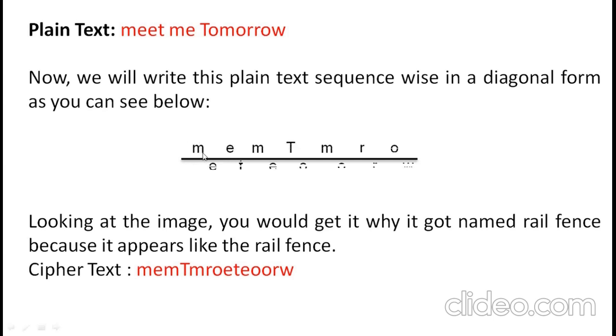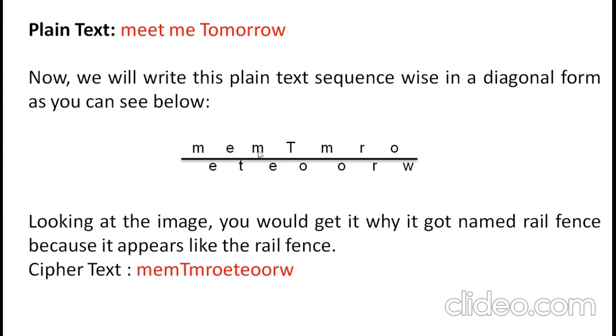Now you can see what happened. M, then next E, E, T. Meet is divided into two rows. Therefore we are using the fencing and dividing the plain text. This is called the rearrangement of the plain text.